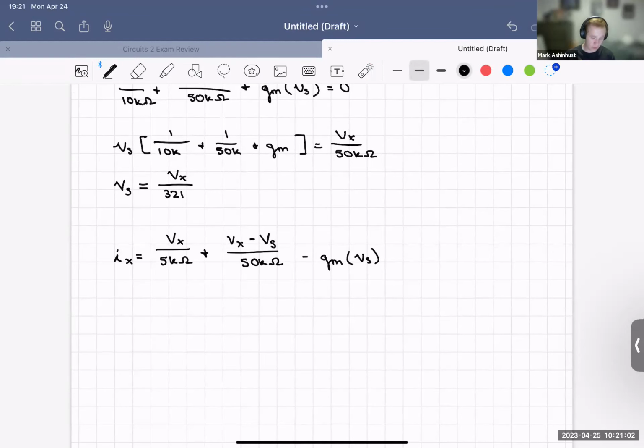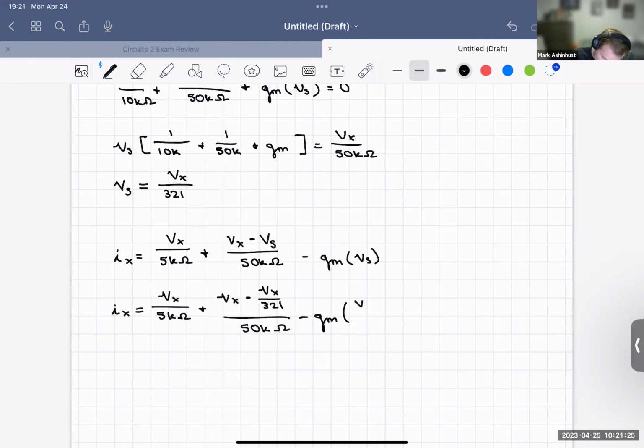And then we know what VS is in terms of VX. So we have IX is equal to VX over 5 kilo ohms plus VX minus VX over 321 over 50 kilo ohms minus GM VX over 321.